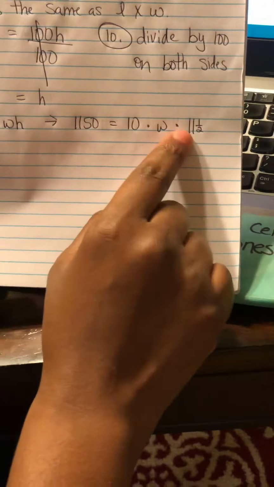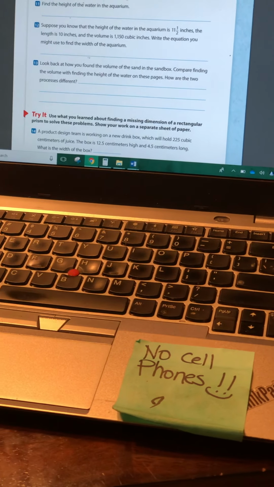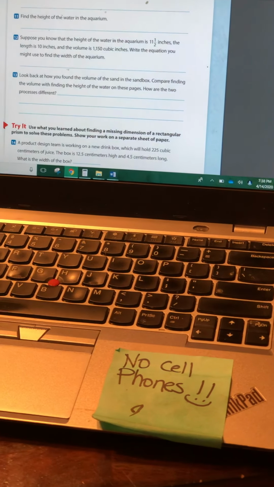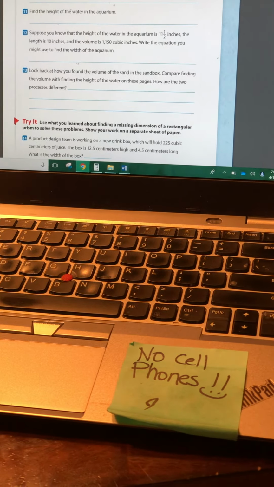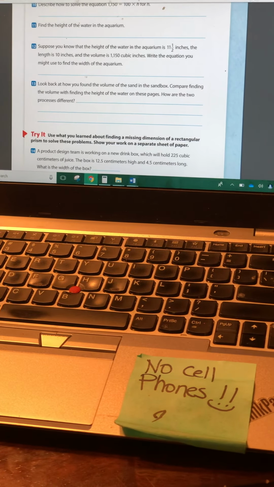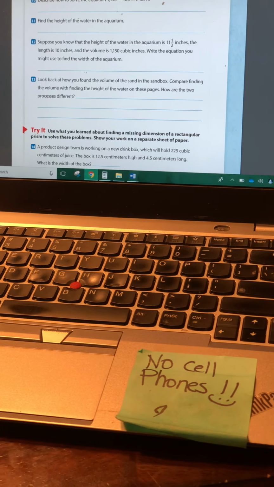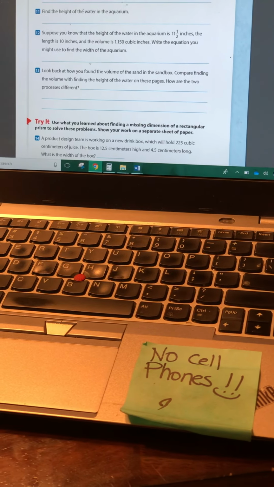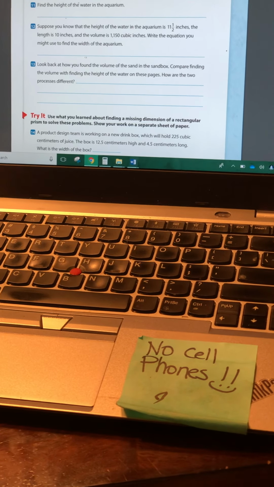Okay, now number 13. It says, look back at how you found the volume of the sand in the sandbox. Compare finding the volume with finding the height of the water on these pages. How are the two processes different? Okay, what I'm going to do is write down a response for you guys so that y'all can have it. So stay tuned. I think this is a very good question, and we're going to talk about it in just a moment.